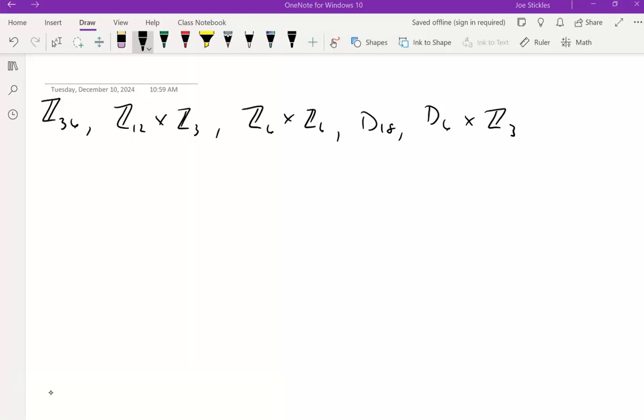So notice the first part, part A in that problem that I gave you, said why is Z36 not isomorphic to Z12 cross Z3, and it's also not isomorphic to Z6 cross Z6. Well, what do you know? What kind of group is Z36? Any of the Z mod n groups are what?